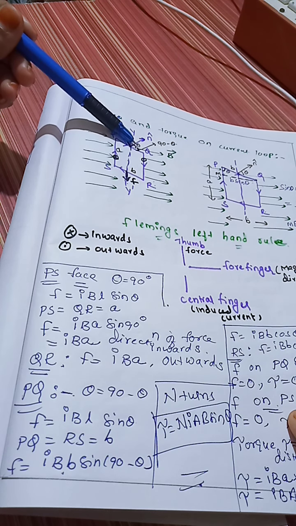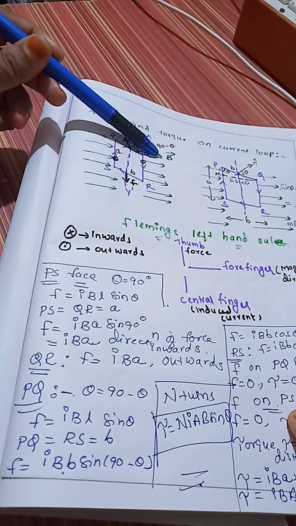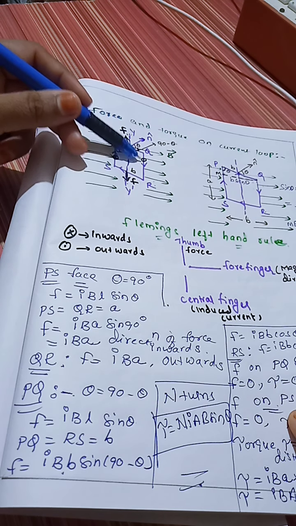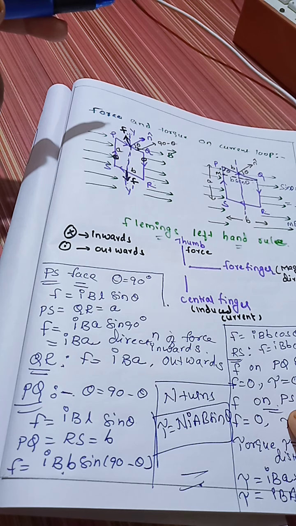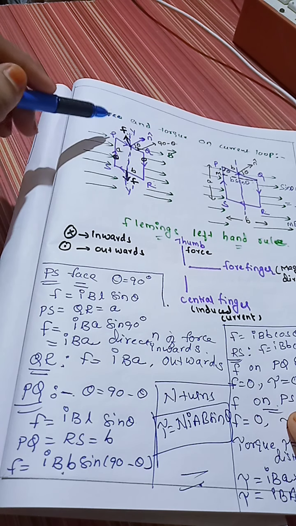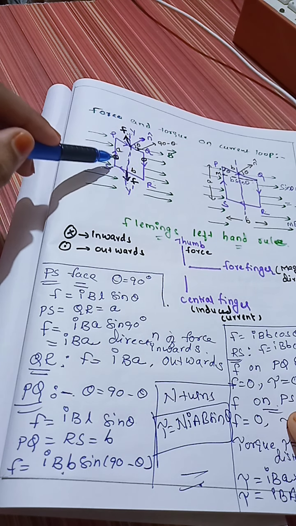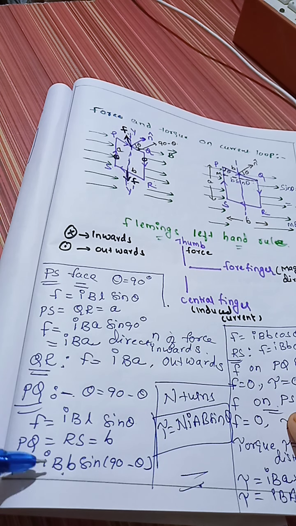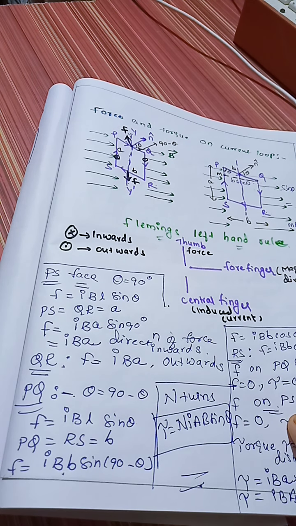This outward normal makes an angle theta with the field direction. So now the angle between the PQ face and the field direction will become 90 minus theta. Let us assume that PQ equal to RS is equal to B. So F equal to IBB sin(90 minus theta).